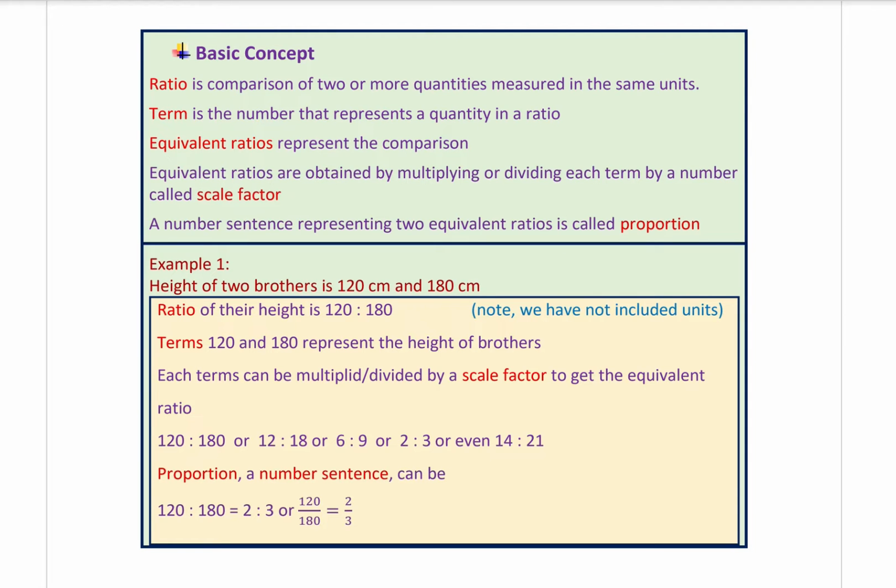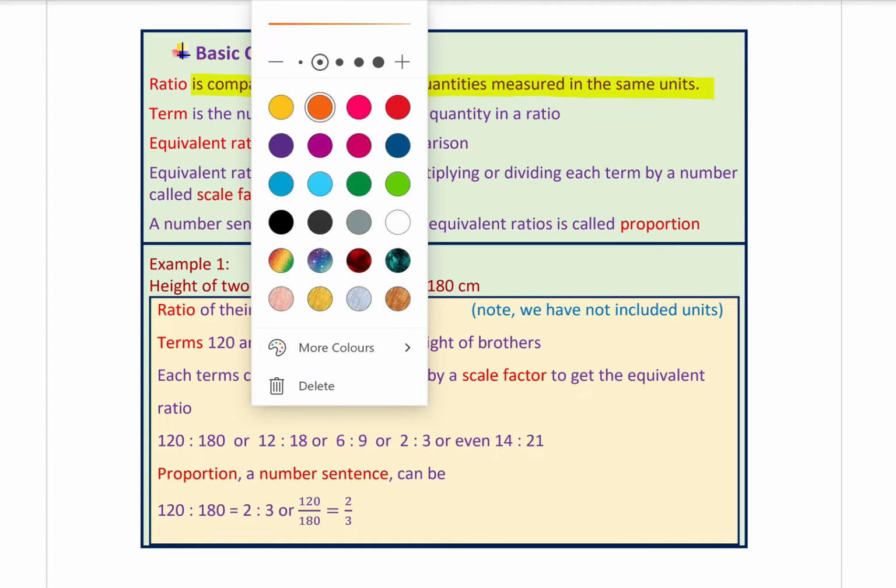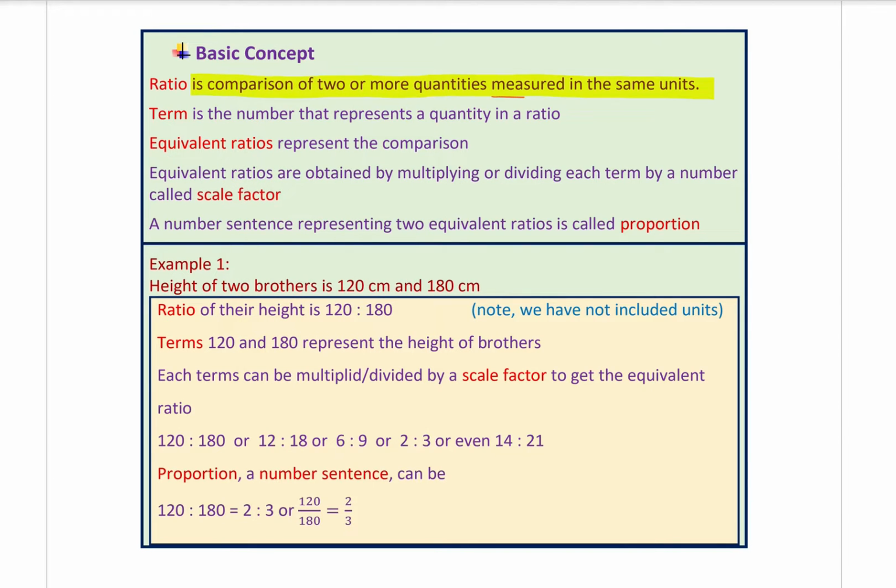Let's begin with some basic terms, which is what is ratio after all. So ratio is comparison of two or more quantities measured in the same units. So the key point here is measured in the same units. That really means that the ratio does not have a unit.